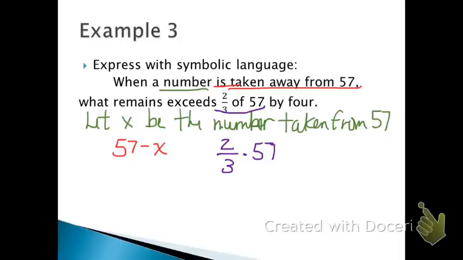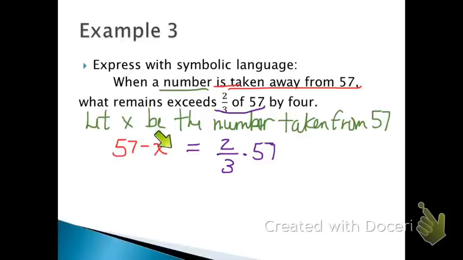So we have to do something with the 4, and we have to think about where our equal sign would go. We could put it here and then think about what's going on. When a number is taken away from 57, that's this over here. When a number is taken away from 57, we get this.